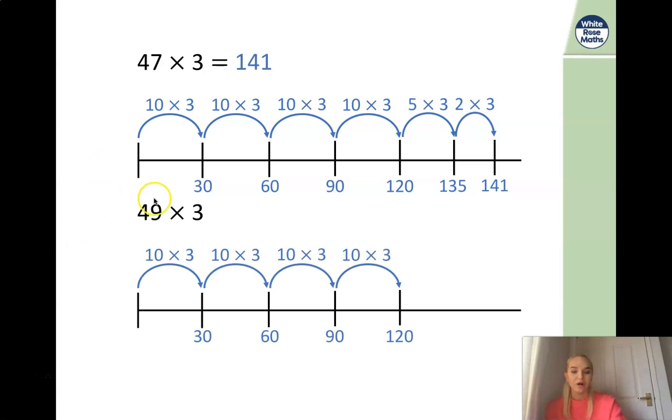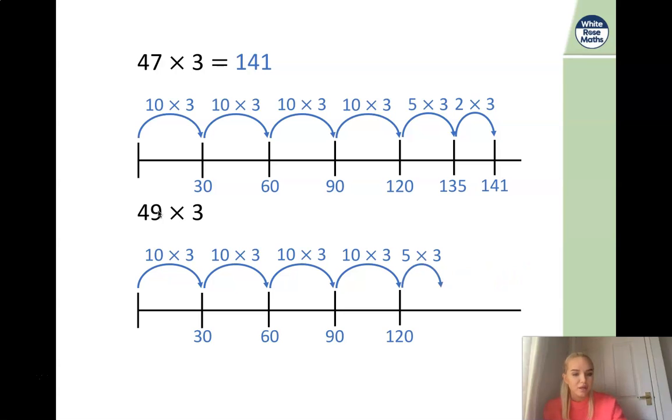Now for the second one, we've done our 4 lots of 10 multiplied by 3 again, and we've got to this magic number 120. Now we now know that we need to work out 9 ones, so we need to work out 9 multiplied by 3. Now instead of doing the same where we do 1 multiplied by 3 9 times, which takes a very long time, what we could do is we could do 3 multiplied by 3 3 times.